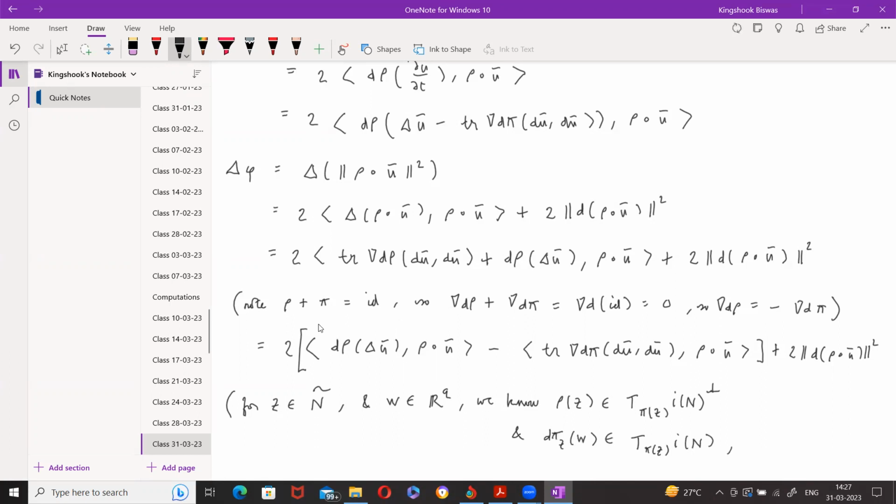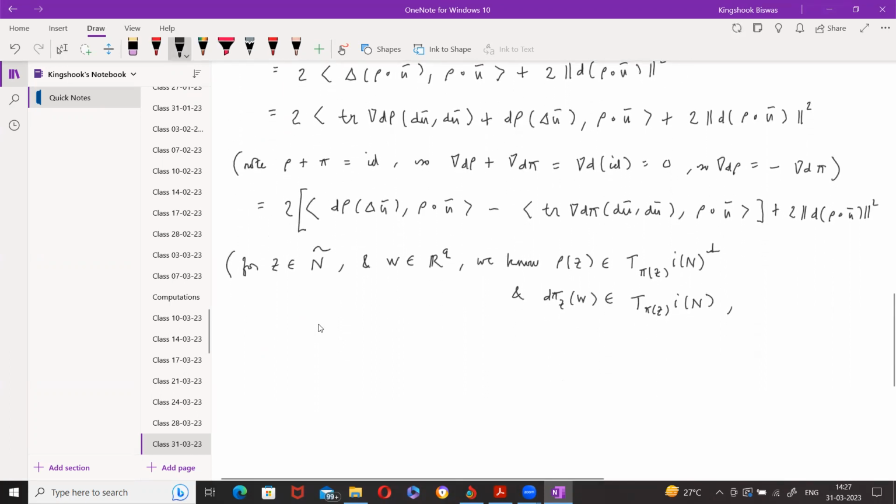Okay. And d rho at z plus d pi at z is equal to the derivative of the identity at z, which is just the identity. Okay.